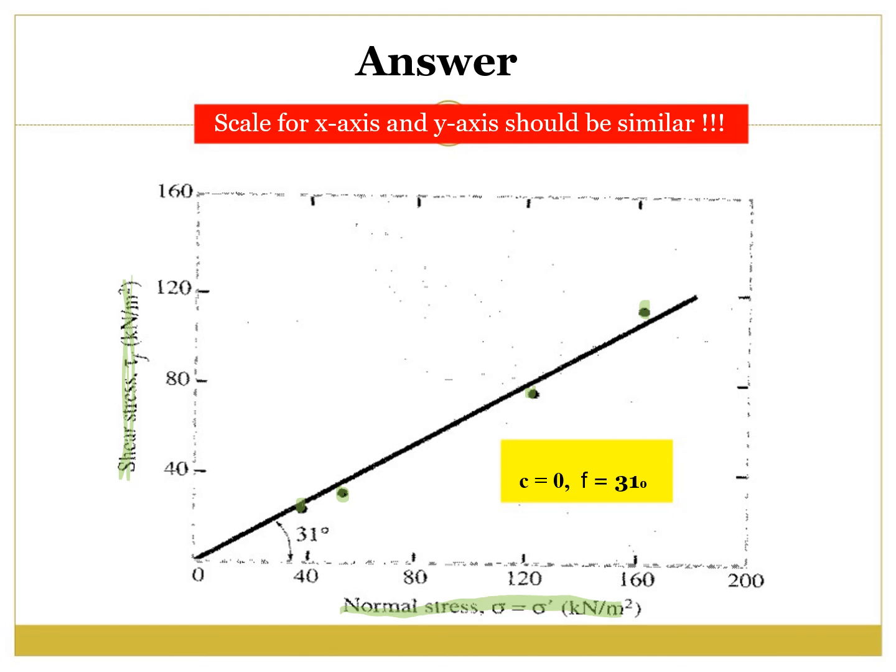And then you have to draw the best fit straight line. After that, you will get the value of phi, the angle of friction. And for this example, C is equal to 0. So the angle of friction is equal to 31 degrees.